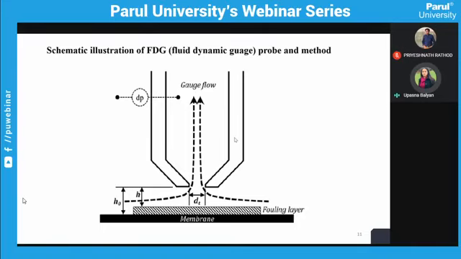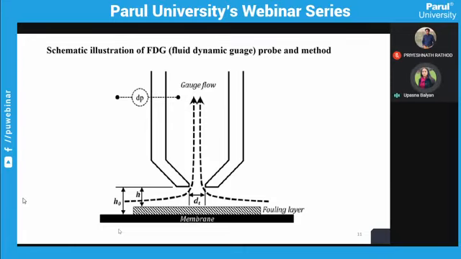When the distance between the membrane and the nozzle is H naught, that is a cleaned membrane surface.